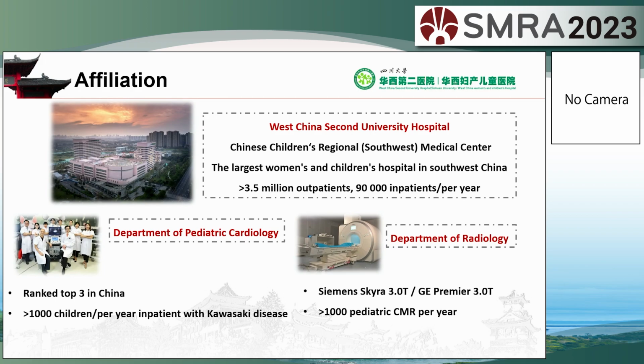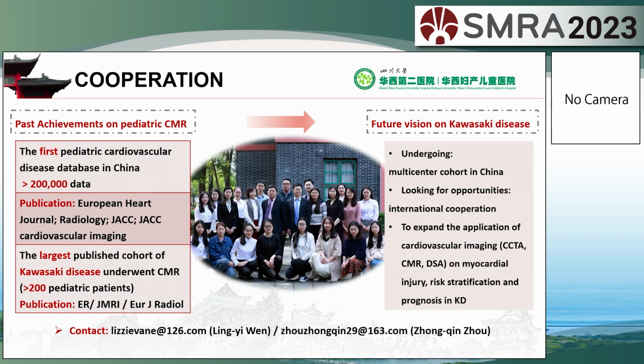Our department of pediatric cardiology is ranked top 3 in China, with over 1,000 children per year inpatient with Kawasaki disease. And our department of radiology does over 1,000 pediatric CMR per year. Our group initiated the first pediatric cardiovascular disease database in China with over 200,000 data.